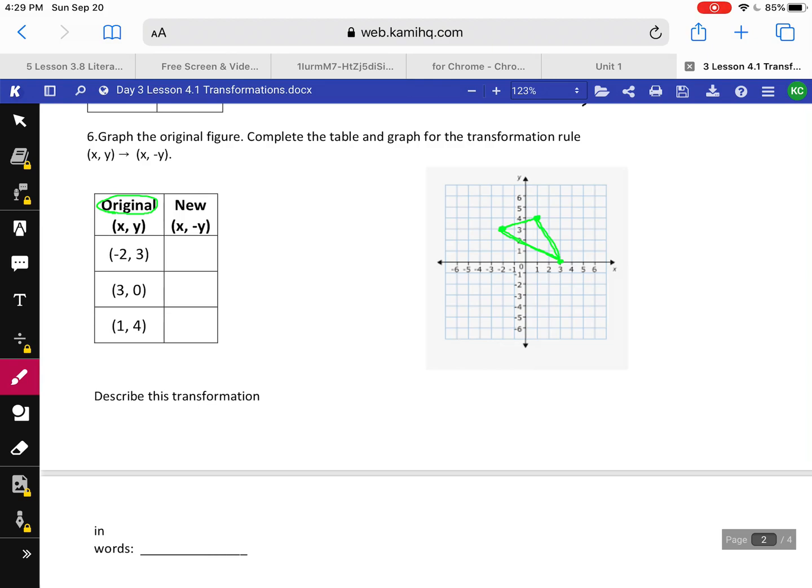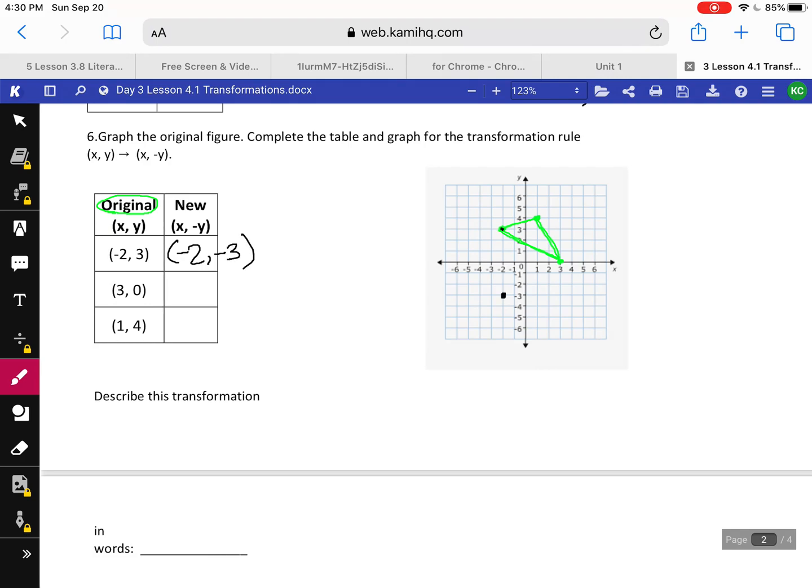Okay, let's look at number 6. Graph the original figure, complete the table, and graph for the transformation rule. XY transforms to X, negative Y. So we're looking at taking the value of the Y and finding the opposite. So we have negative 2, 3. We're sitting here, and we're going to go to negative 2, negative 3.